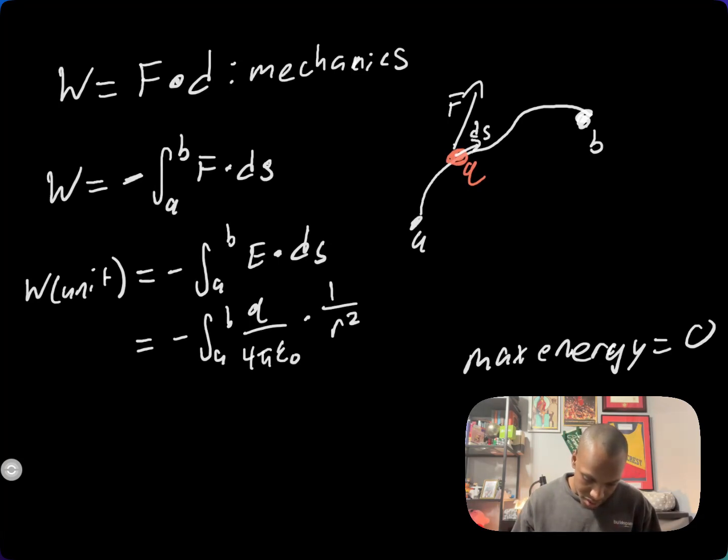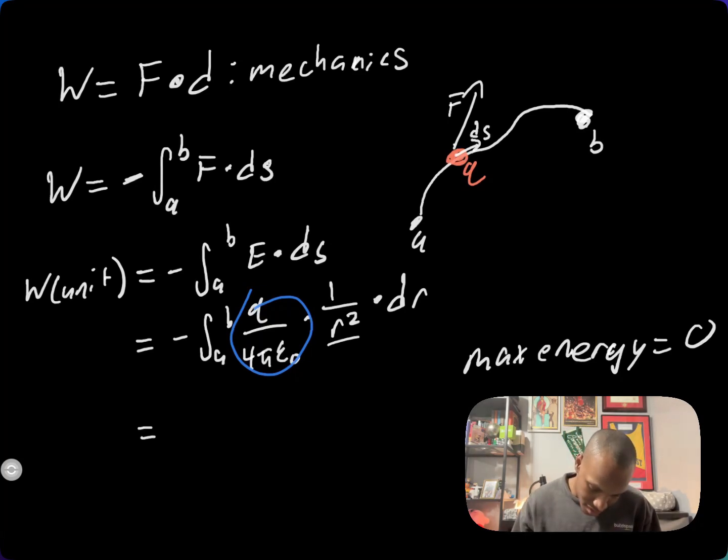Now, we can take this term out of the integral because it's not related to the integration variable. The integration variable is dr, because now our displacement vector is in terms of r.